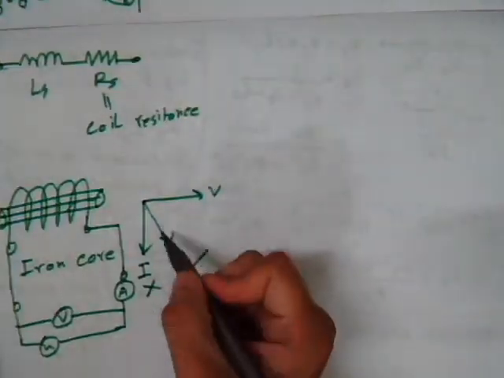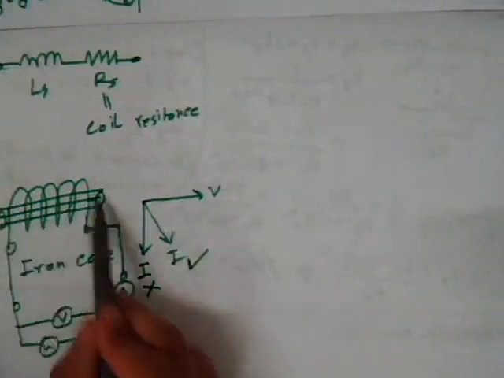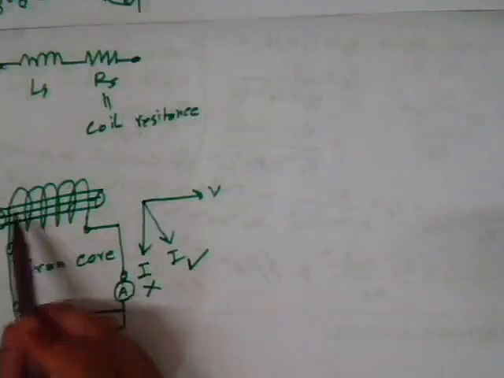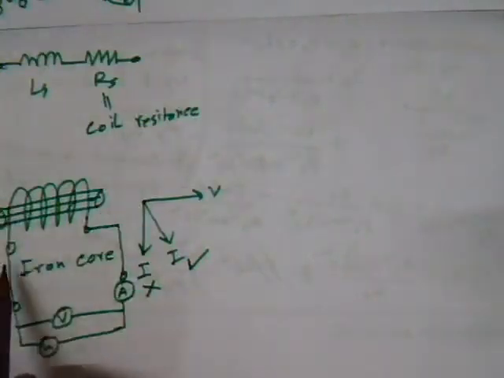So why is this so? This is because this system has some energy loss associated with it, which is in the form of the eddy current generated in the core and the hysteresis loss in the core.